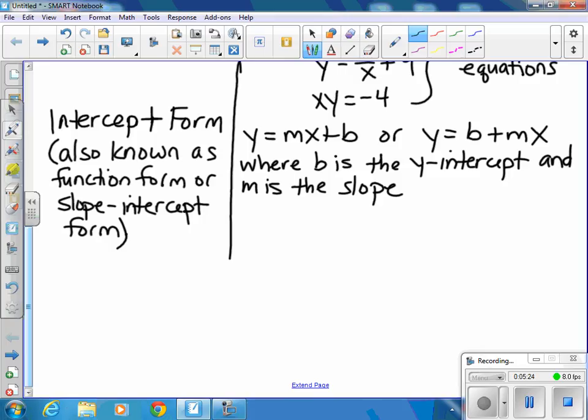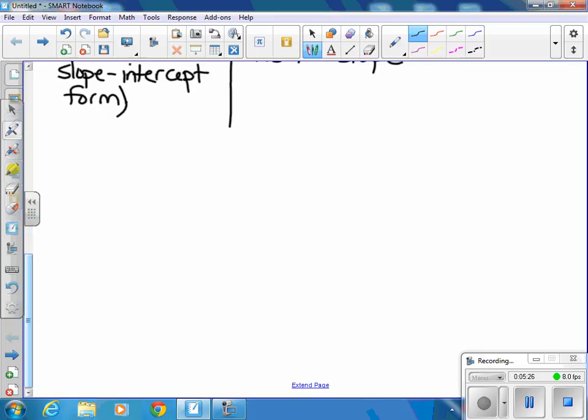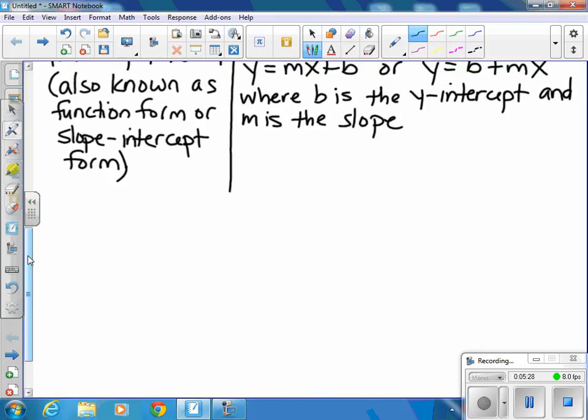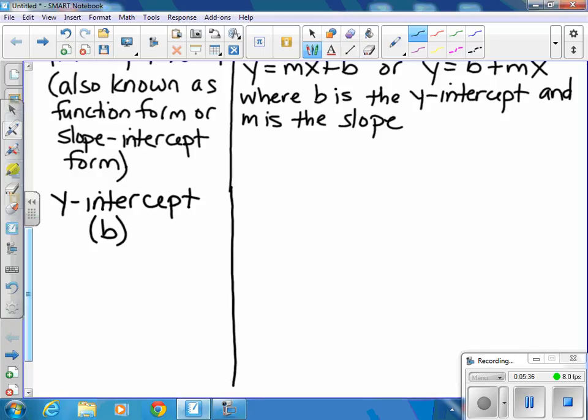The next word we want to talk about are the pieces of intercept form, because you need to understand a little bit more about them. And the next one is the word y-intercept, which is the letter B in your formula. And you do need to memorize these formulas. Your formula sheet for the SOL test does not give them to you. There will be a lot more that we memorize in the upcoming months, but for right now, start with the one that you're going to be using over and over again.